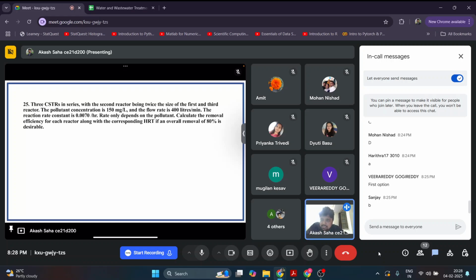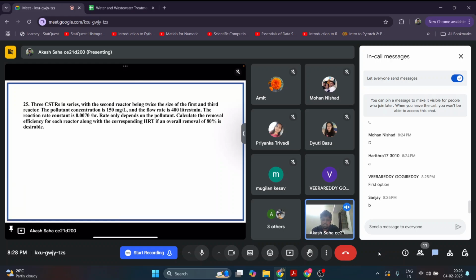Three CSTRs are in series, with the second reactor being twice the size of the first and third. So we have three reactors, 1, 2, 3. The second reactor is twice the size of 1 and 3. The pollutant concentration is 150 milligram per liter and flow rate is 400 liters per minute. The reaction rate constant is 0.007 per hour. Rate only depends on the pollutant.